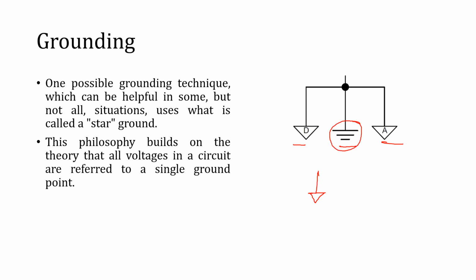When you have three lines, it means you have earth ground. When you have a symbol in the circuit like this, it means you have connected ground with the main power supply, but it is not sure that the power supply is further connected to earth or not. When you are sure that it is connected with the earth supply, then you can use this symbol, that our circuit is properly earth grounded. So that is the philosophy behind three types of grounds: analog ground, digital ground, and absolute ground or earth ground.